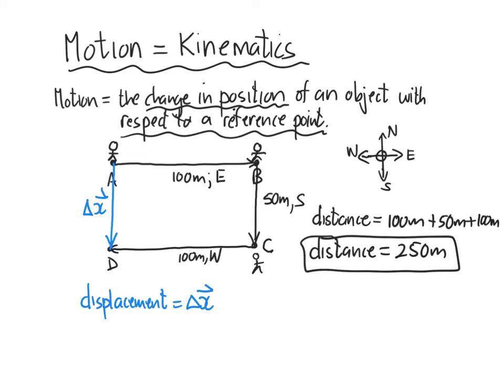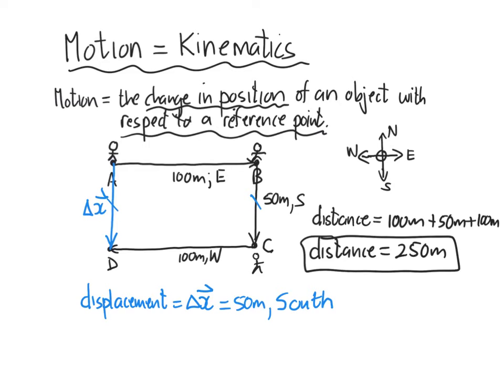We place an arrow on the top to denote it's a vector. And so if we look at the geometry of this problem, this is in actual fact a rectangle, and delta x is the opposite side of a rectangle, so delta x is going to also be 50 meters. And the direction of delta x is going to be from A to D, which is in the southerly direction. So we need to specify the direction, so this would be 50 meters south.